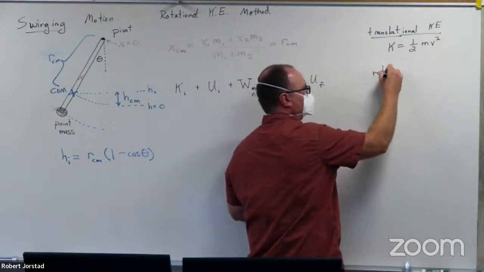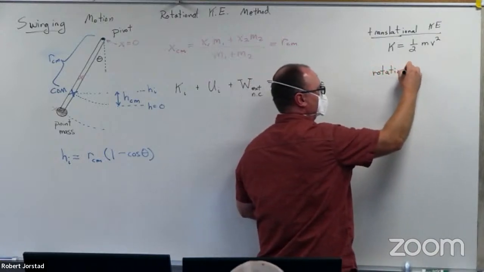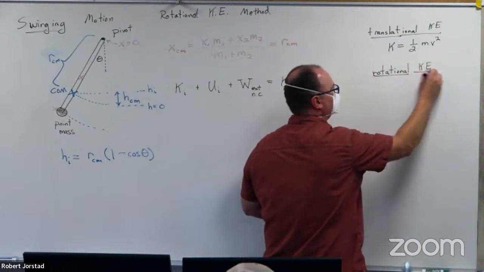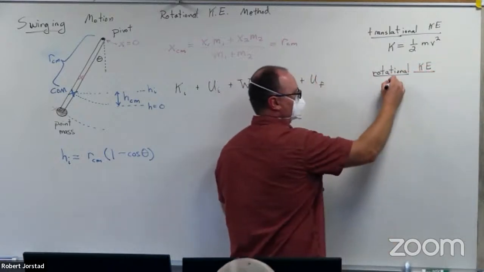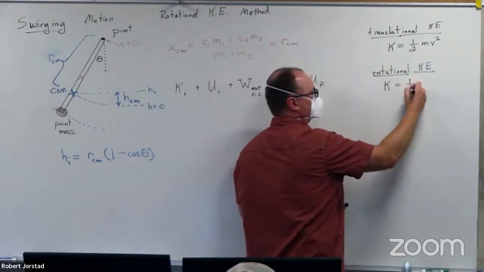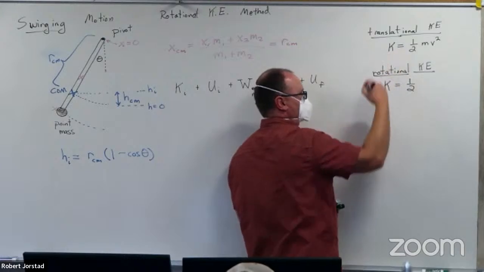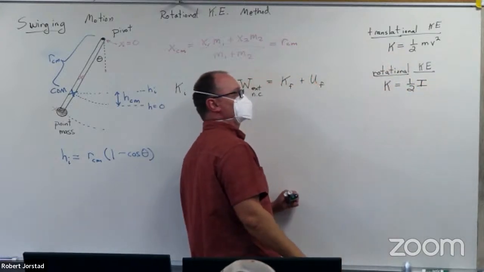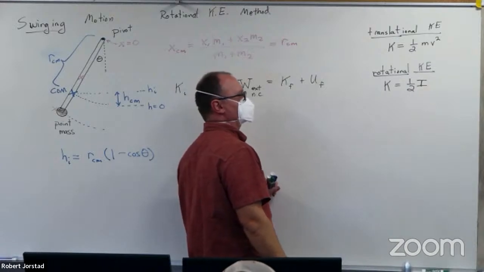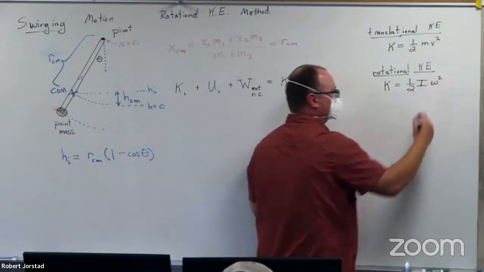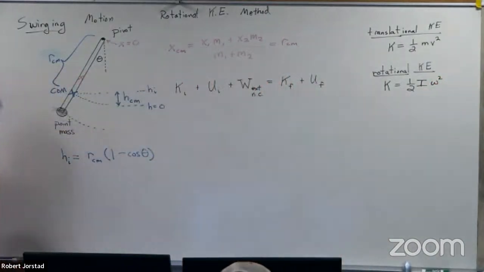For rotation, what is going to be our formula? K is equal to 1/2. What's the rotational equivalent of mass? I, moment of inertia. Yes. What's the rotational equivalent of v? Somebody other than Jacob. Omega. Good job, though. I appreciate it.